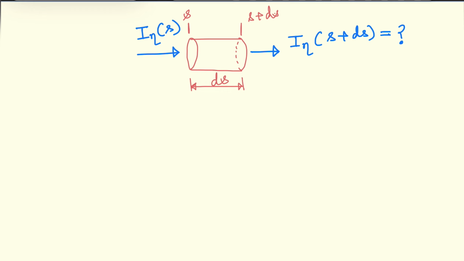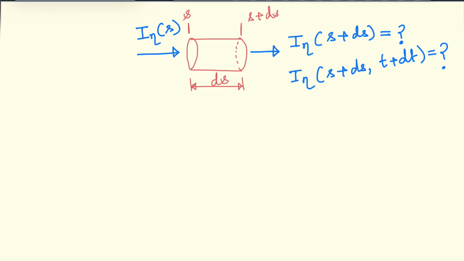Honestly, I should have written I_η at s plus ds, comma t plus dt, because if the ray has to travel from here to here, it will take some time.